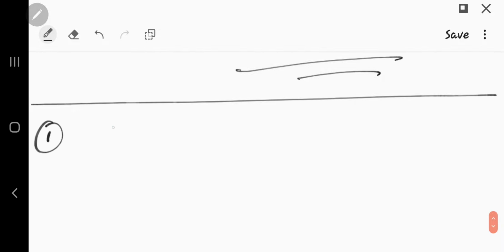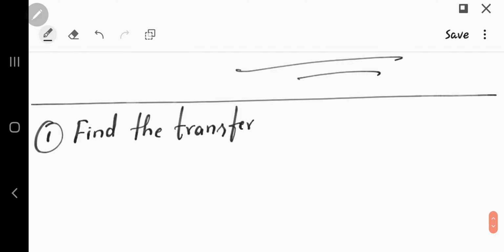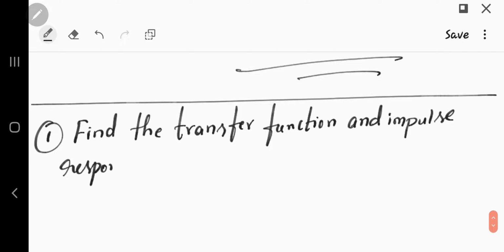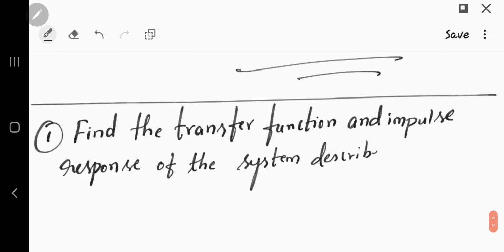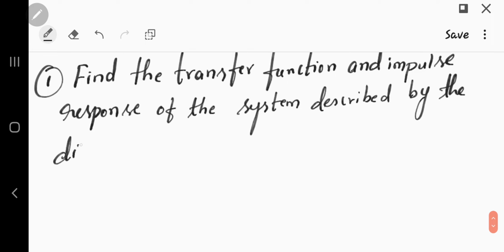The first one is: find the transfer function and impulse response of the system described by the difference equation.